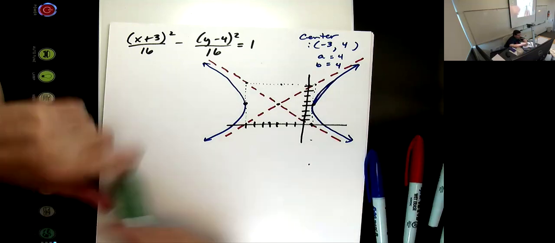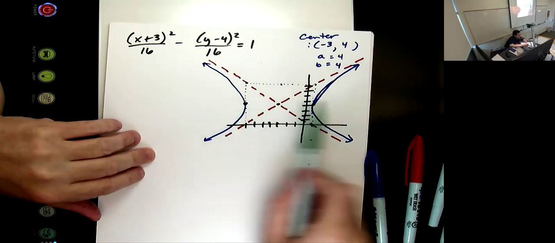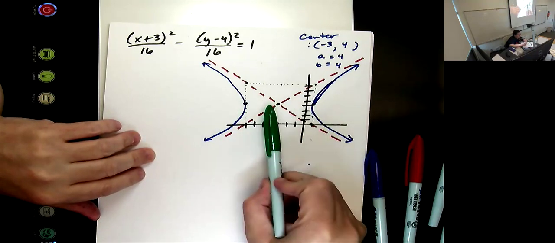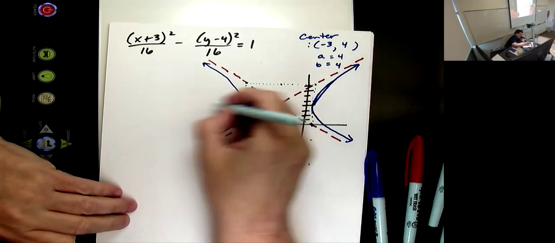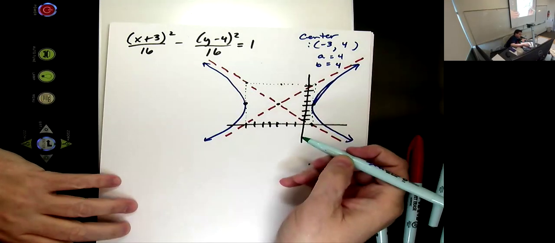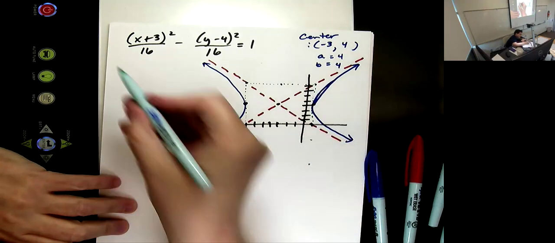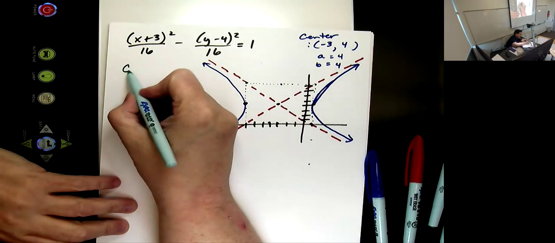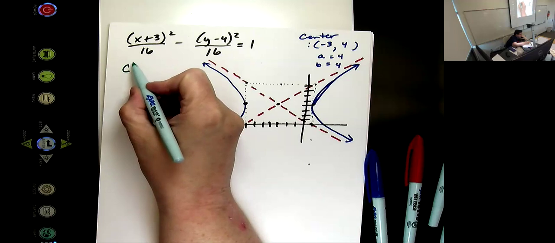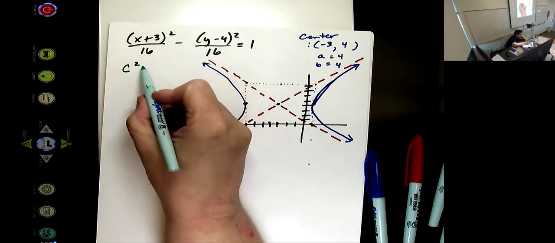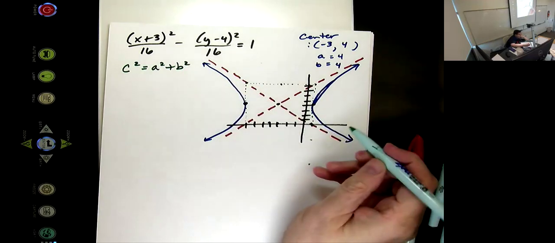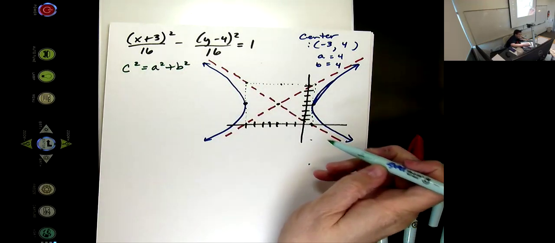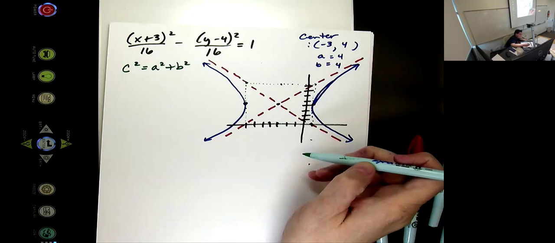The focal points are gonna be farther out from the center than the actual hyperbola. So they're gonna be somewhere along this line right here. So how do I find C here? For a hyperbola, it's a squared plus b squared. C needs to be bigger than a or b.